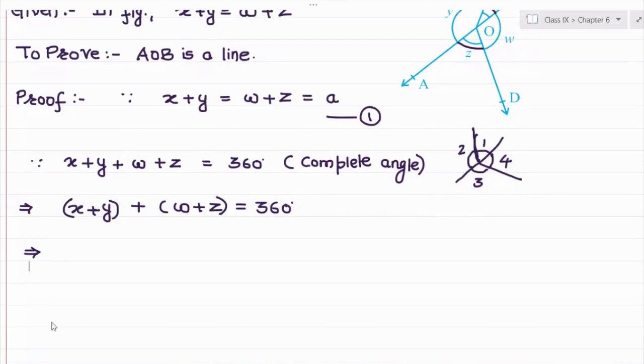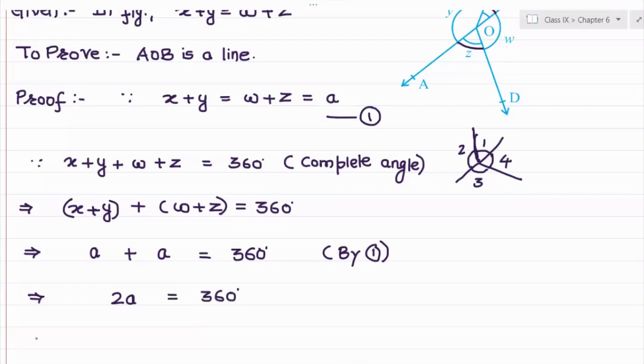So x plus y I will replace by a, and similarly w plus z also I will replace by a, is equal to 360 degree as it is. Here reason can be given by equation number 1. Now a and a you add, it will become 2a. So 2a will be equal to 360 degree.